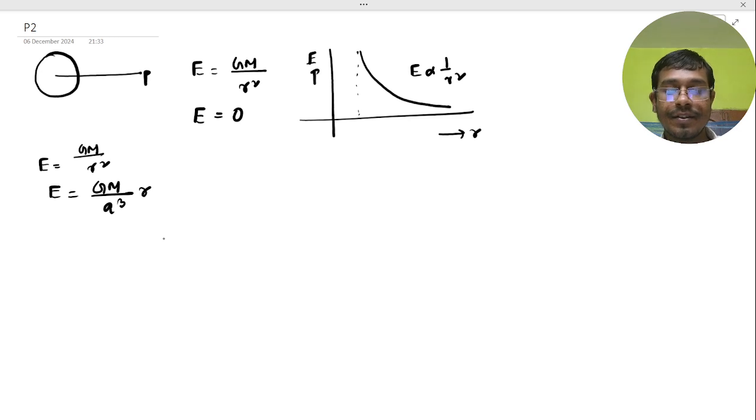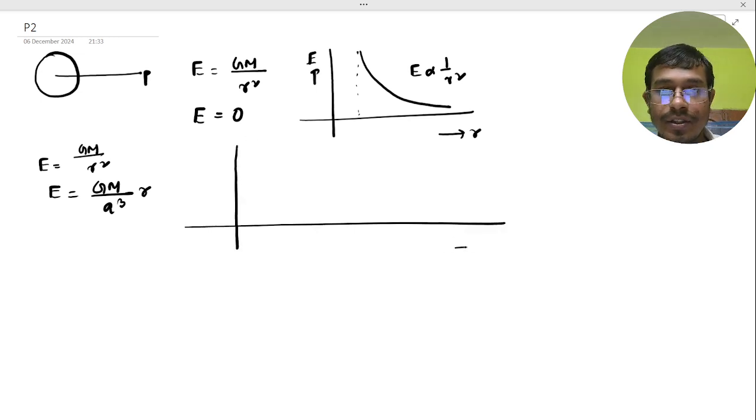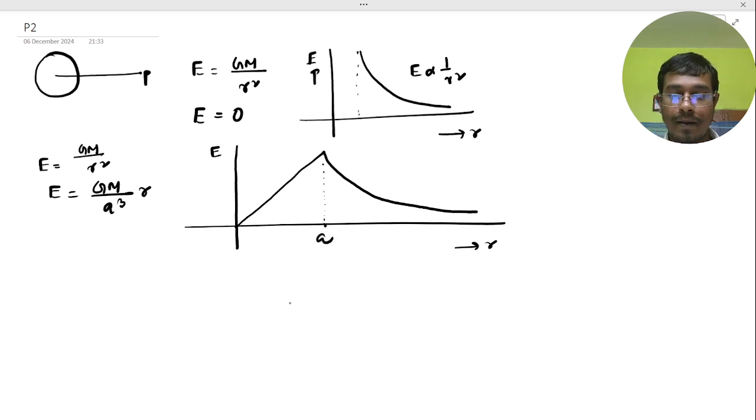The graphical variation of field with the distance from the center would look like that, where this is r and a. So it increases linearly and then decays, this type of graph, and this point is a.